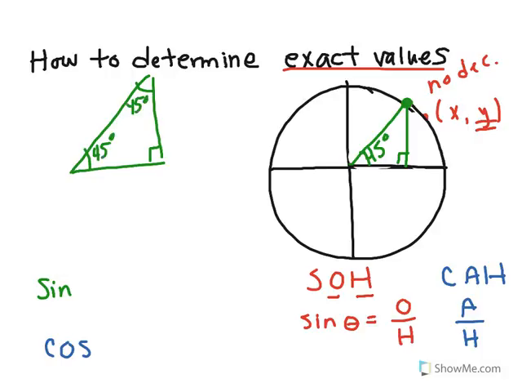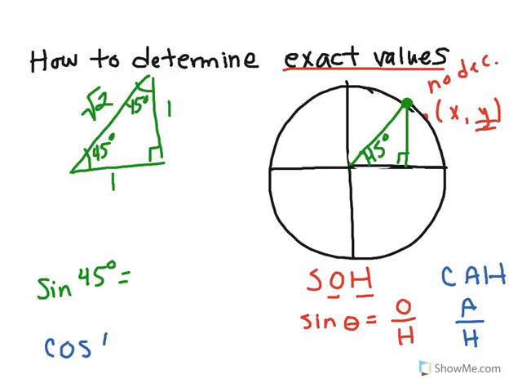And the relationship with this, if x was equal to 1, then both of the legs would be congruent, and the hypotenuse would be the square root of 2. So down below, let's see if we can determine the sine and cosine values of 45 degrees. Oh, come on.